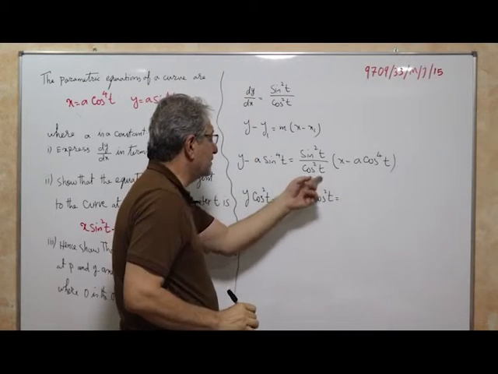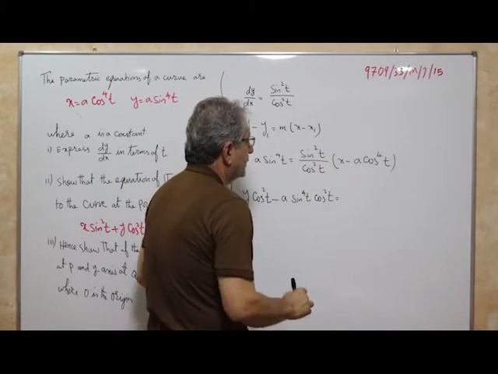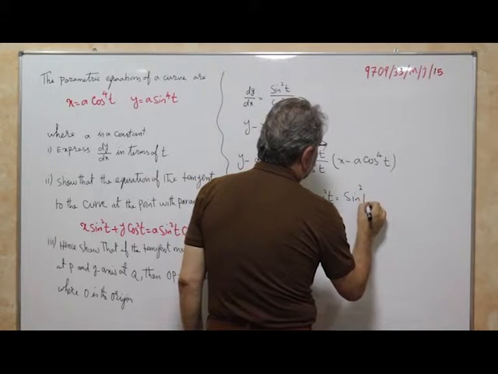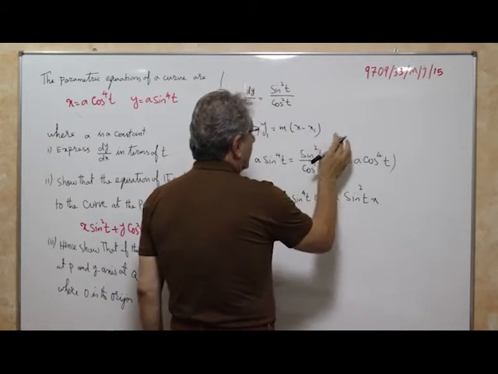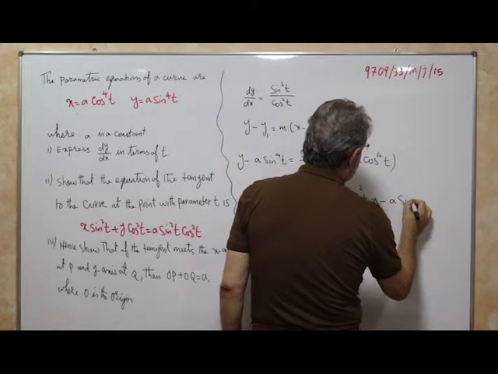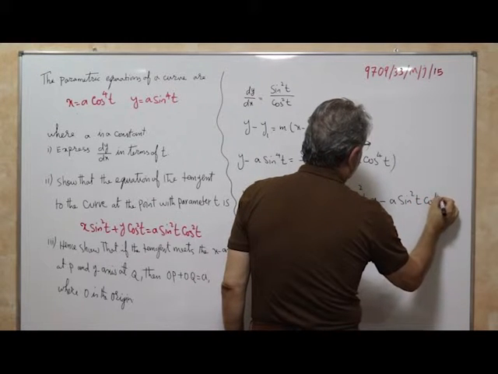Now this side has already been multiplied here, therefore I have to multiply inside this. I'm going to get sine squared t times x, minus a sine squared t cos to the power of 4t.